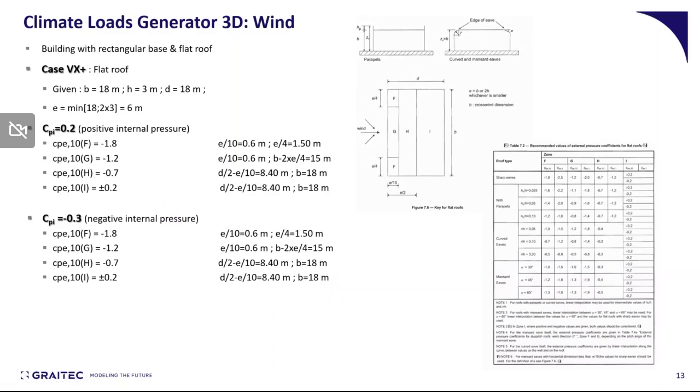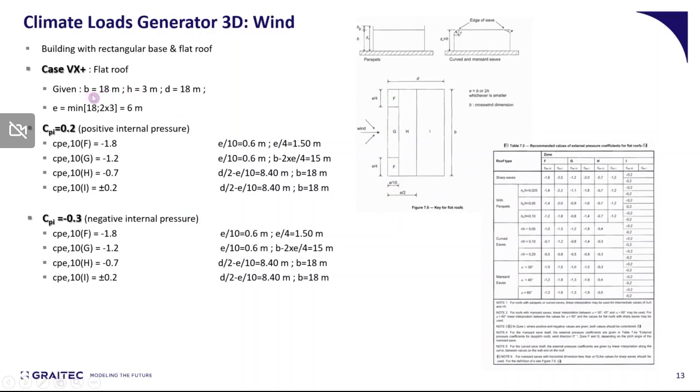Moving forward now to the flat roof, again the Eurocode identifies 4 different zones, as you can see here, and gives the Cpe for each of those zones.